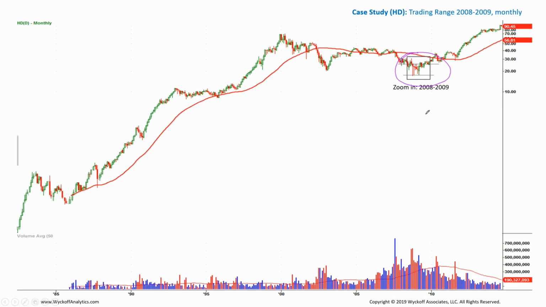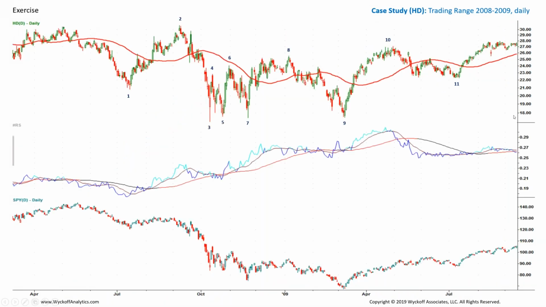So now we're looking at 2008, 2009, and think about the same concepts. I don't want you guys to think about the relative strength as just a filter that's going to show that the stock is outperforming. I want you to understand why. What is it exactly that we are looking at when we look at the relative strength?